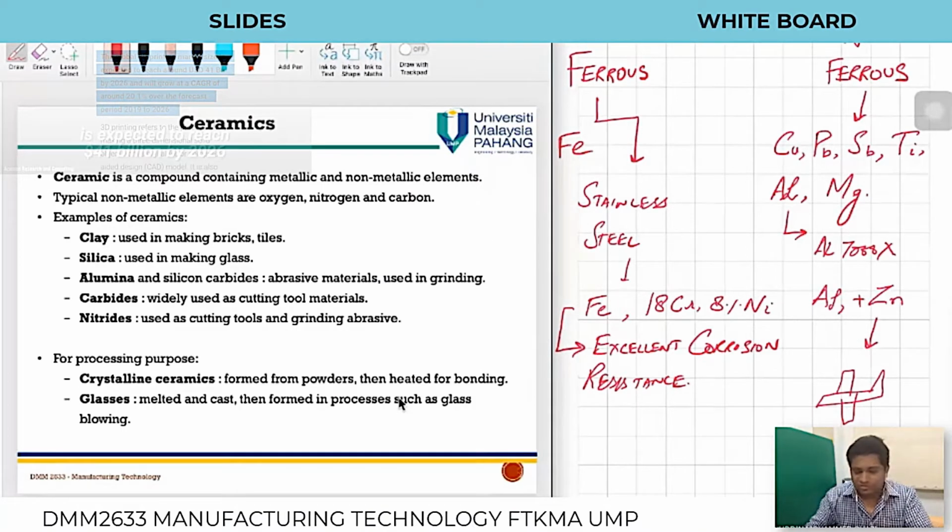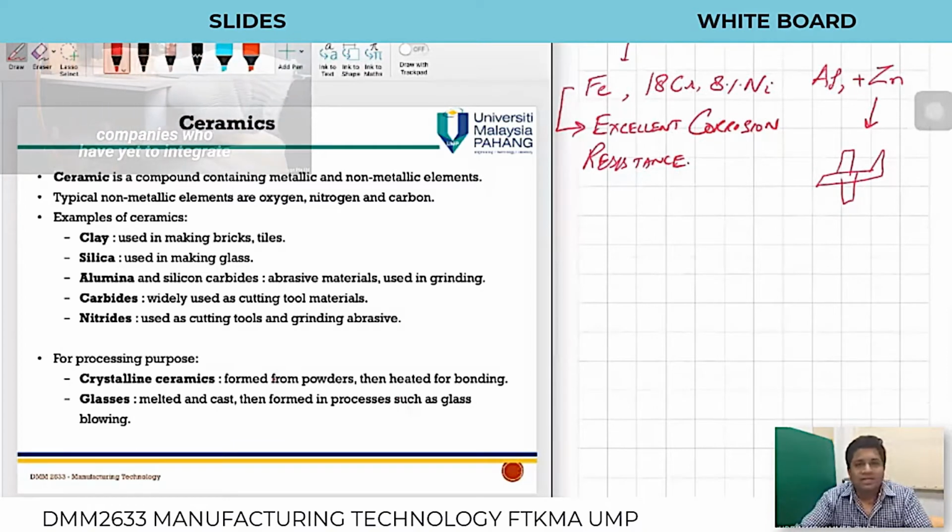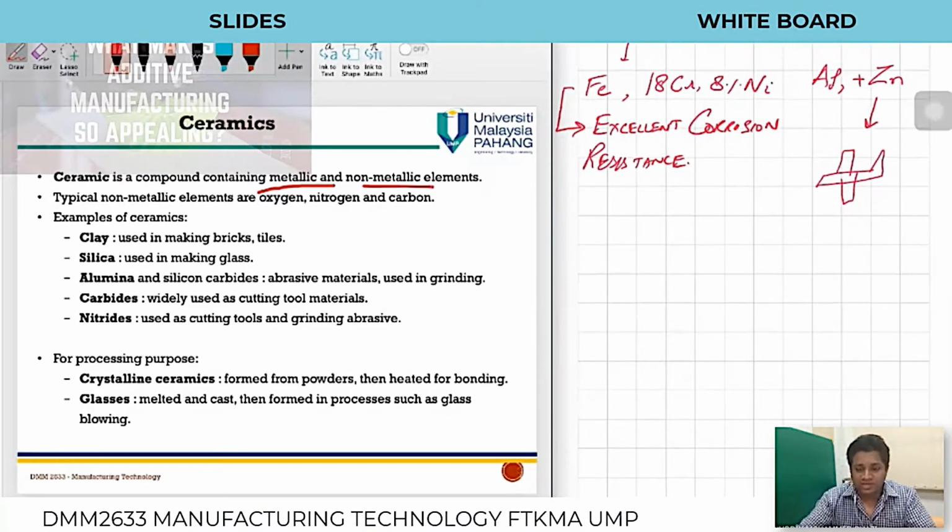So first we go to ceramics. Ceramics are materials or compounds which have both metallic and non-metallic elements, but they cannot conduct electricity, and they are very good insulators of heat.